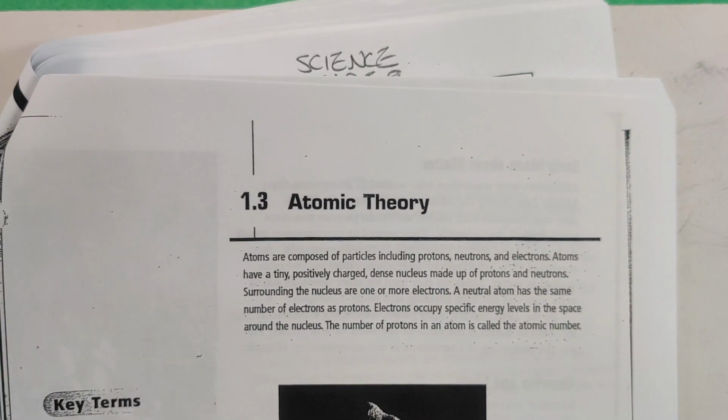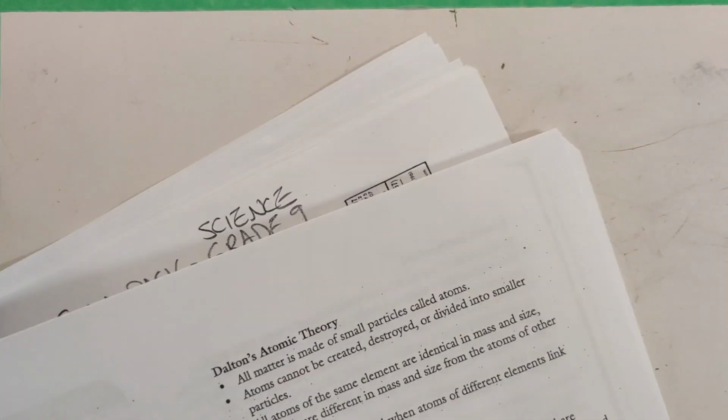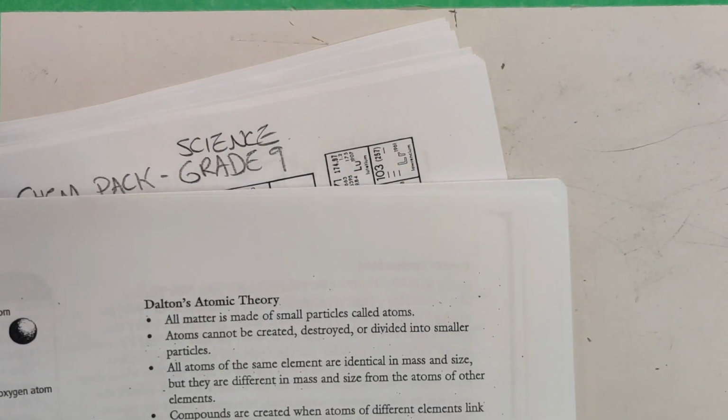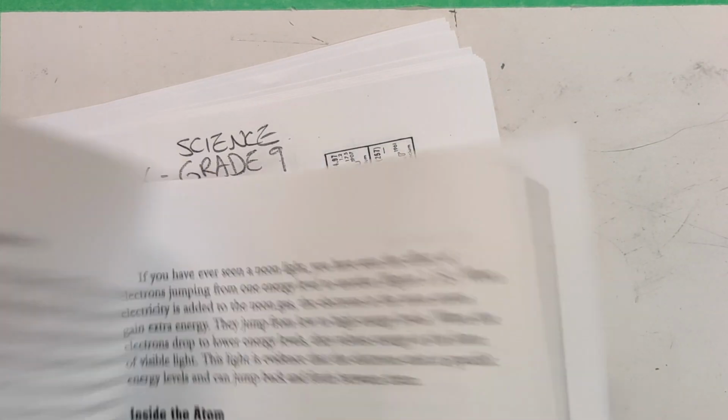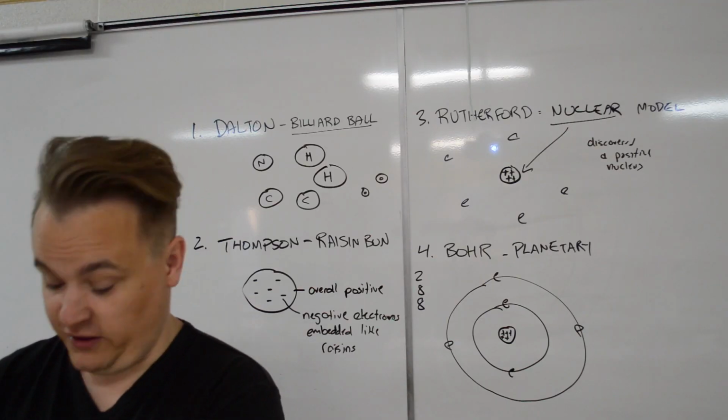And then you also need to read this handout called Atomic Theory, which kind of does the same thing, explains it in slightly different ways. It talks about some of the ideas about matter, theories and laws, and Dalton, Thomson, and of course, you'll talk about Rutherford, and this gives a lot of information about his gold foil experiment.